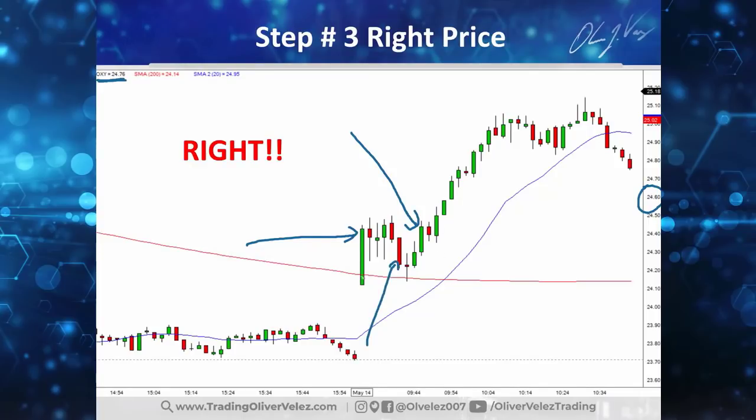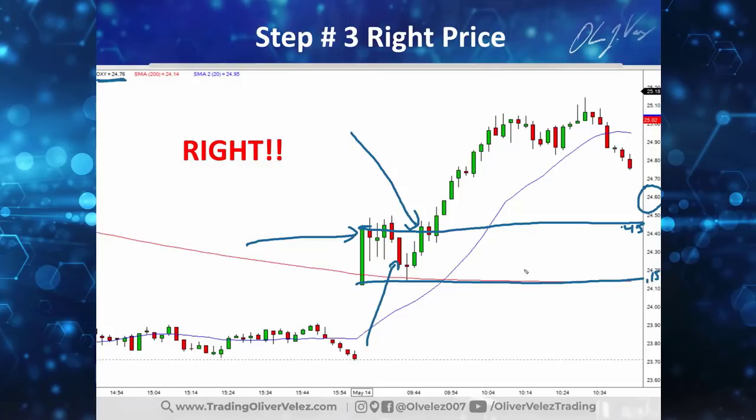Now, if I judge the size of this bar, more or less, let's call that 24.50, and let's call this 0.45, and let's call this 0.15.